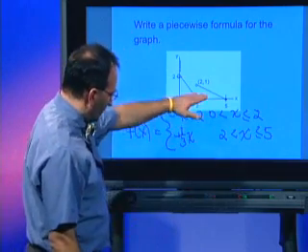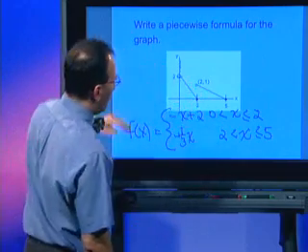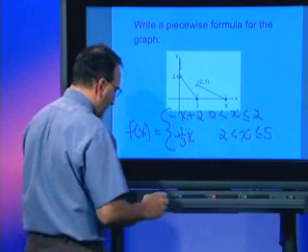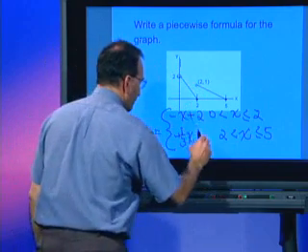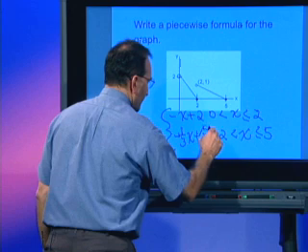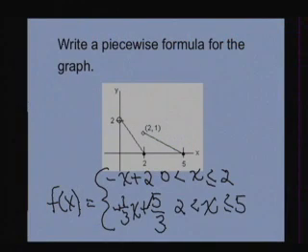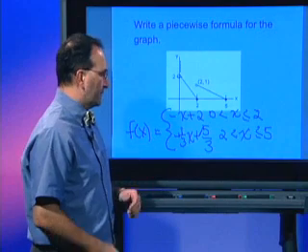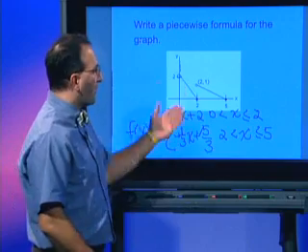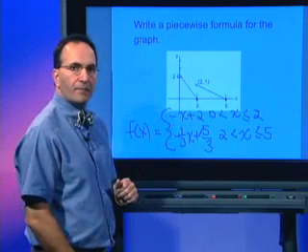And if we followed it back to find the y-intercept, that would work out to be equal to 5/3. So that is how we can create a formula for the piecewise function from the graph itself.